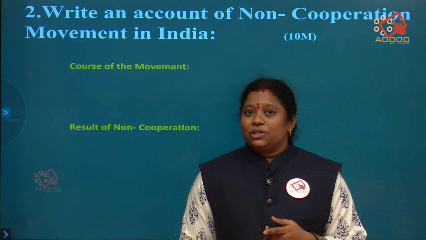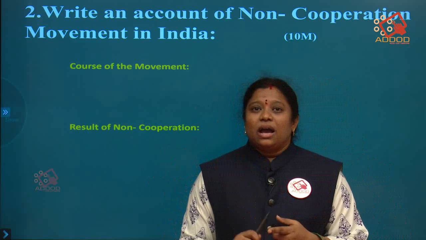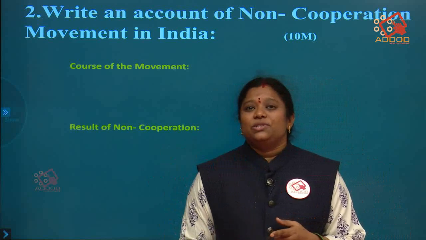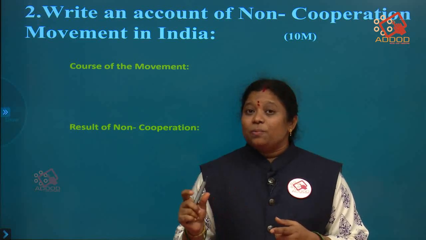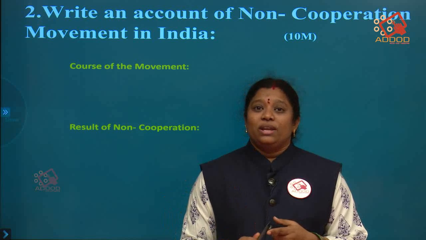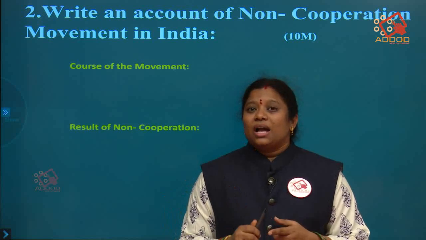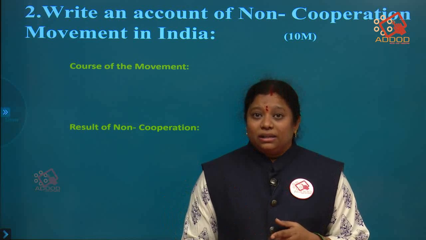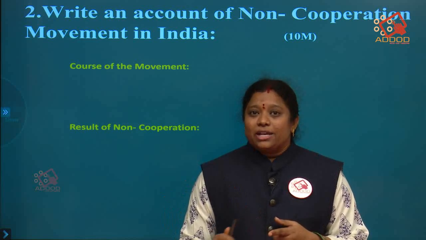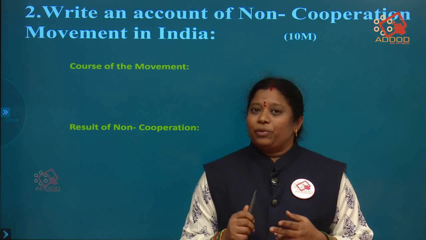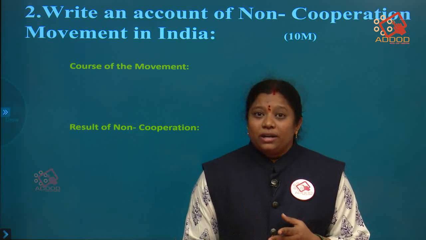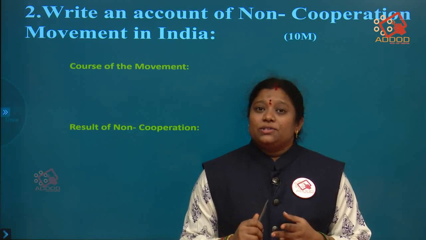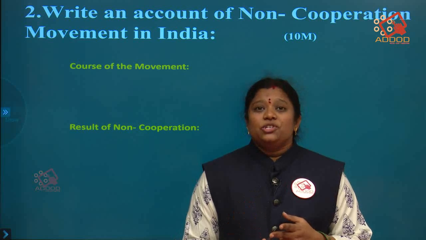As part of the constructive programs, they started our own national educational institutions. National educational policy was also started, and various institutions like Kashi Vidyapith, Bihar Vidyapith, Jamia Millia at Delhi, all these were started as part of constructive programs. And next, eradication of untouchability. And the next important one was prohibition of liquor.